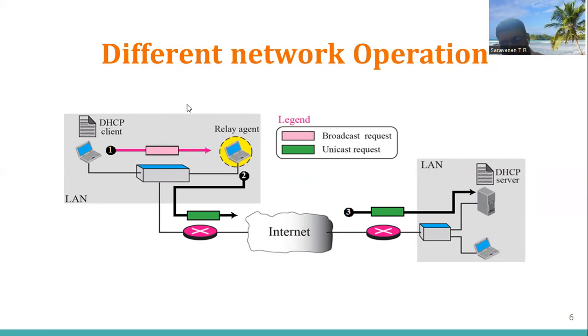Here, the relay agent is only aware of the server's address. Hence, it listens to the UDP port 67 for messages. Here the communication is relay agent based communication. Next, we are going to see DHCP configuration.